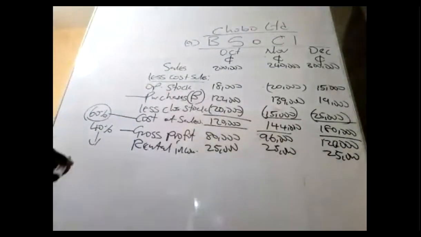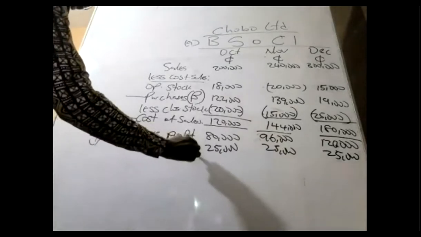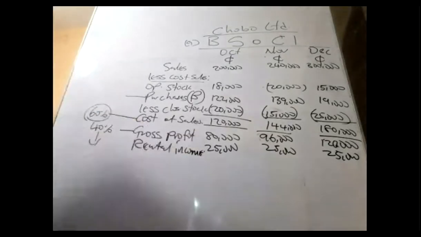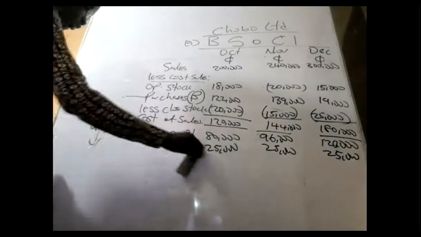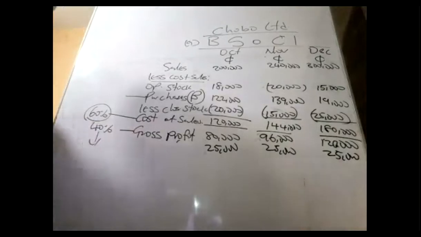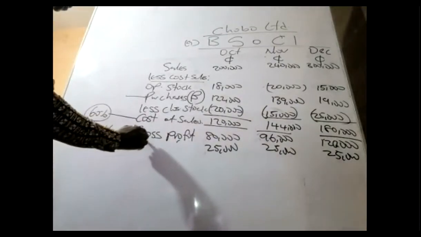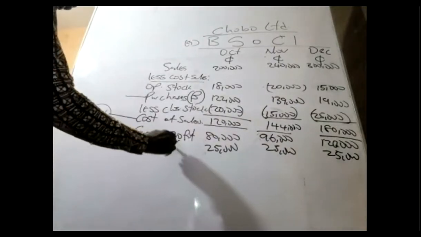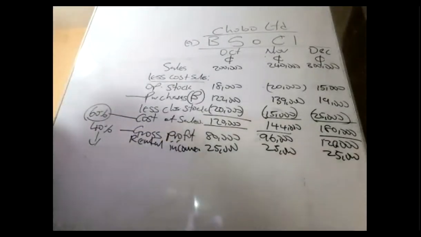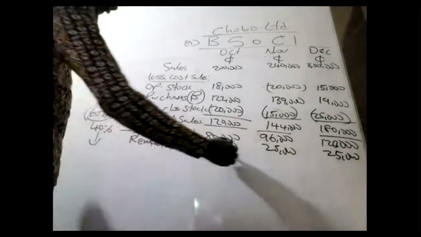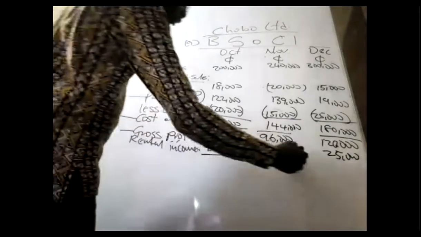Now, what do we do? Small rental income, but it must still be eligible. Okay, so the rental income is 25,000. What's the total income?